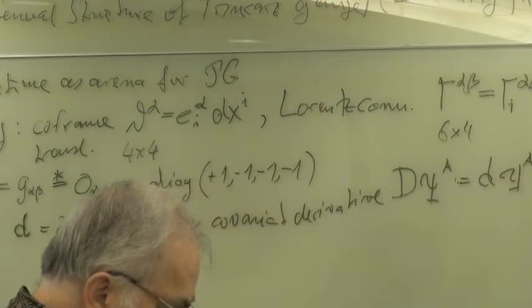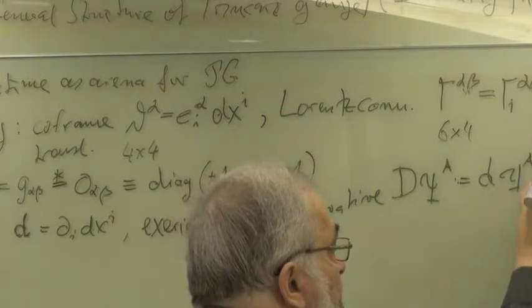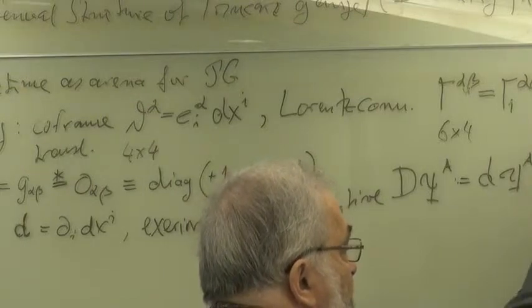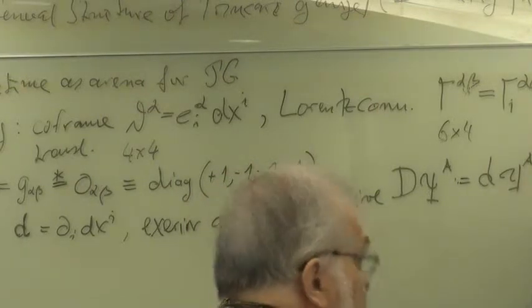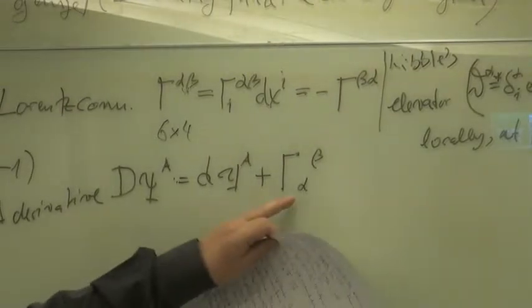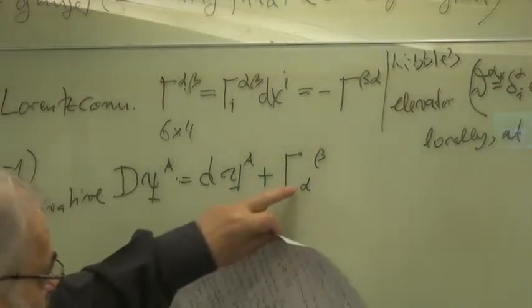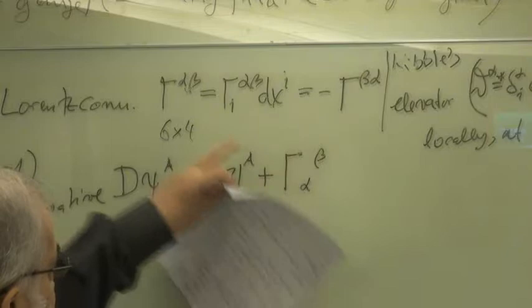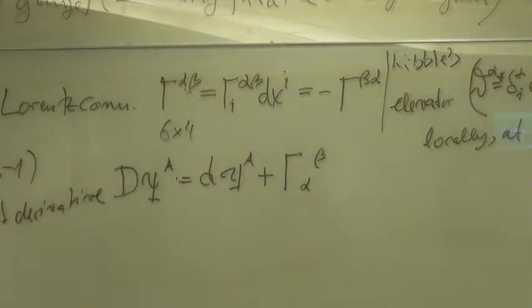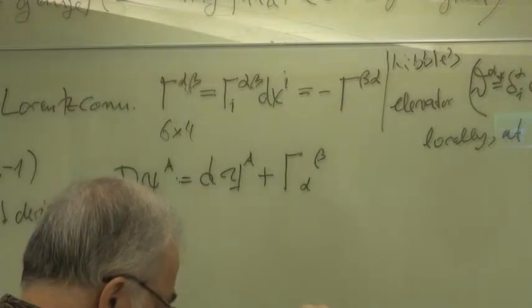Plus, and then you have to covariantly differentiate the other indices, and so symbolically written it's plus gamma, the connection, alpha beta. I write it in this way, because that's the original definition of a connection, one index up, one index down. Only if you have a metric, you can lower or raise this index, and then you get gamma alpha beta. This is already in application, applied to the representation matrices of the Lorentz group.